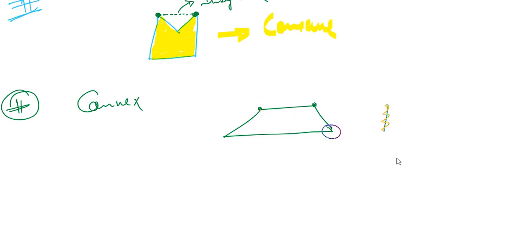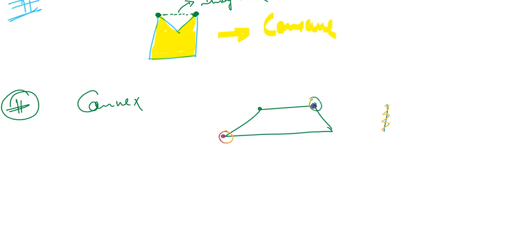Okay, so let us now take another two edges. Similarly, if I take these two edges, are you getting the idea of what I'm trying to illustrate to you? If you connect any two vertices, and by joining any set of vertices you get an edge which is lying outside of the region of the polygon, it should be treated as concave.